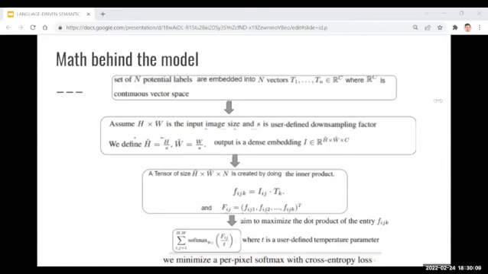This is shown here as the loss function, and it is minimized at each epoch of training. So this is, at a high level, the math behind this model.